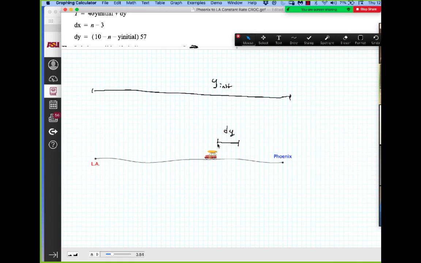Given that this is dy, Ashley, is this accurate, or did you want dy to be all the way back to Phoenix? I was thinking from Phoenix because it's your full change, but I don't know if you're starting at 3. I guess your dy is that. Right. And so dy starting from Phoenix would be valid.